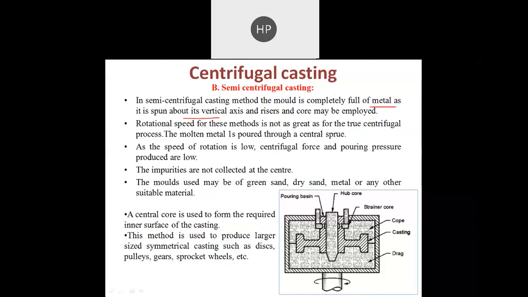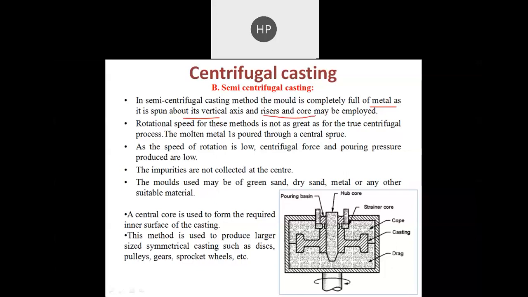While in true centrifugal casting, we pour the molten metal as per the requirement of the thickness we require. Here it will be full of metal, and generally we employ a riser and core for the desired shape and size.